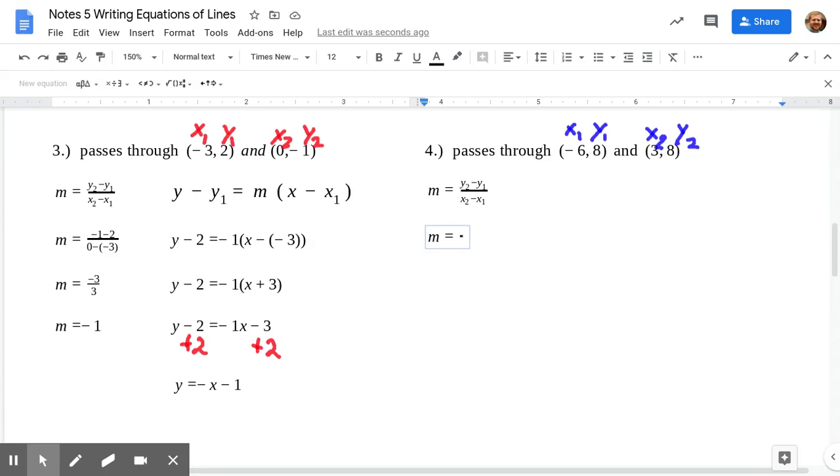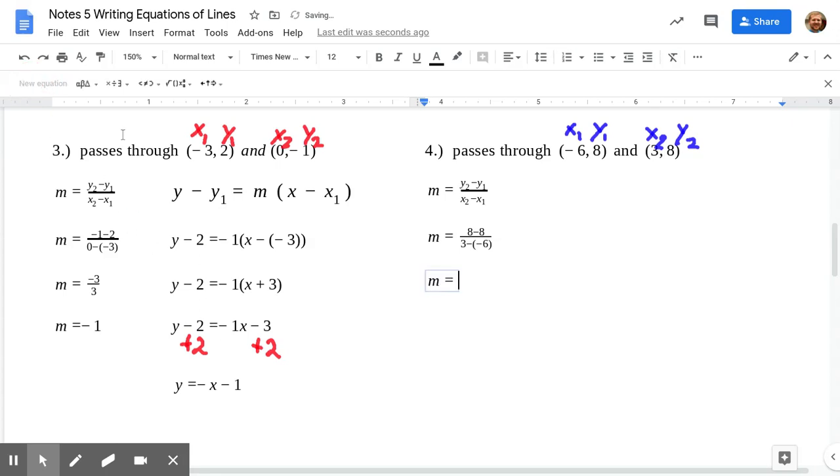Y2 is 8 minus y1, which is also 8. The denominator, we have x2, which is 3, minus x1, which is -6. And I'll use parentheses so I clearly see there's a minus negative. And in this slope here, it looks like we're going to get a result that involves 0 in our numerator.